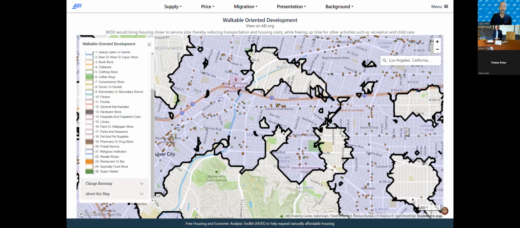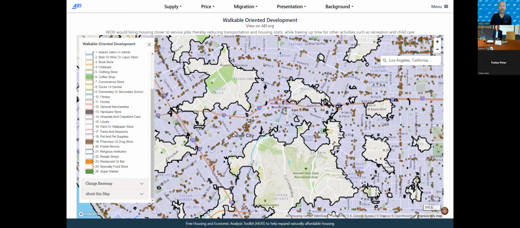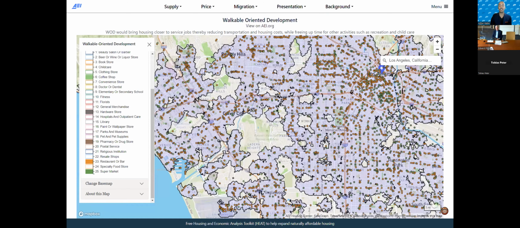The fact that they will promote walking by having these amenities close by is of interest to people who are concerned about environmental and health benefits of walkable oriented development. And the fact that they're near amenities that are already built out means that it limits sprawl.